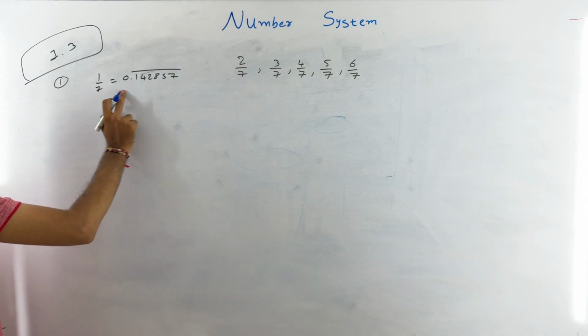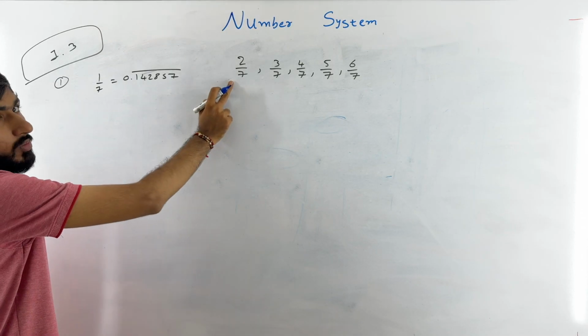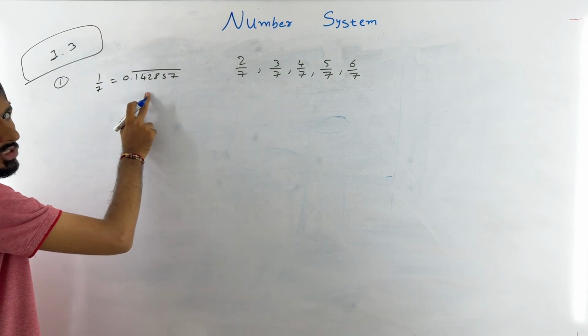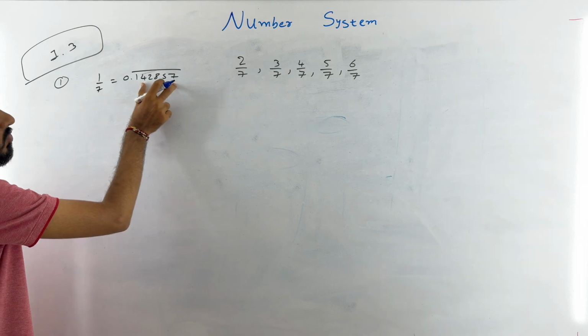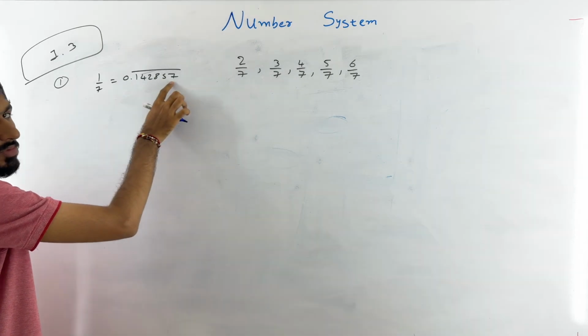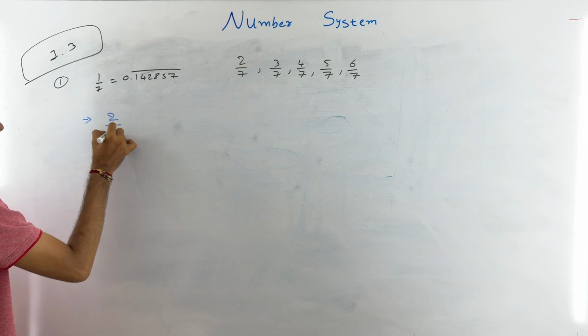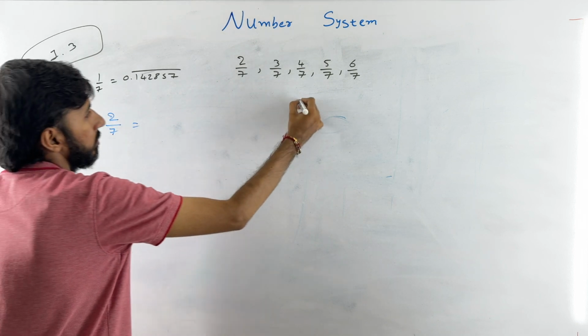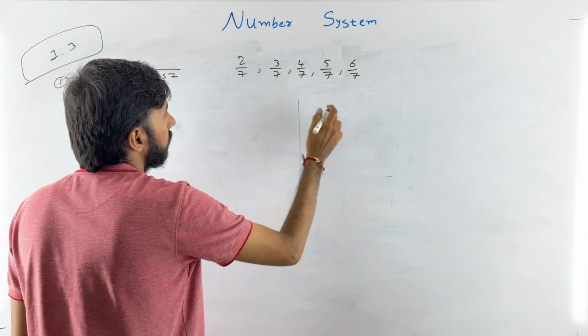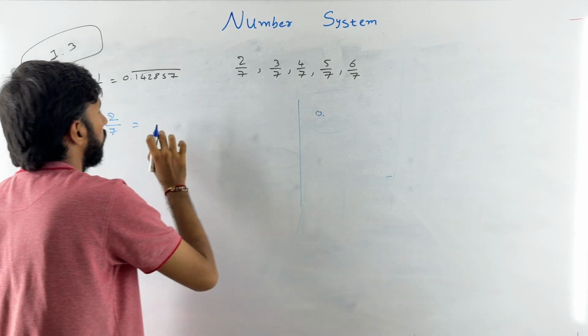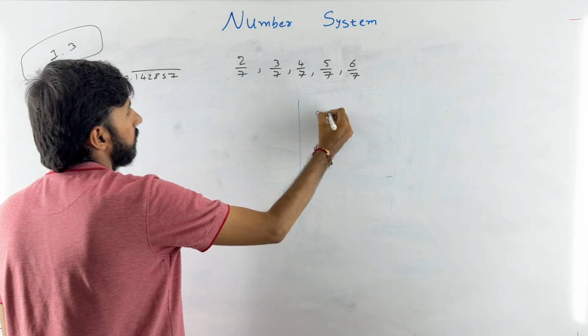Here we have 1 by 7 equals this. Now I want to find 2 by 7. I will multiply by 2 on both sides. So if I multiply 2 into these decimal places, I will get the answer. So 2 by 7 equals, you can do it on rough pages, right? You don't have to show the process here.